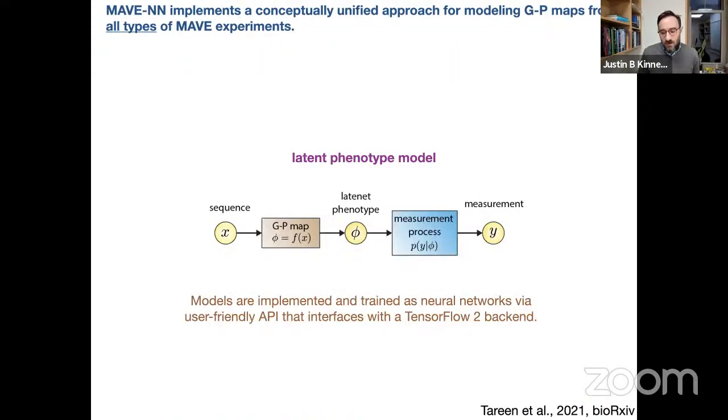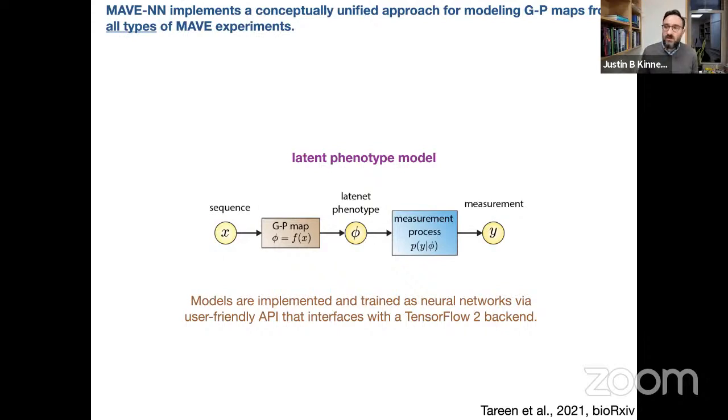So in order to do this, MAVE-NN implements a conceptually unified approach for modeling genotype-phenotype maps from all types of MAVE experiments. This type of modeling approach, we call a latent phenotype model. So latent phenotype models have the following structure.